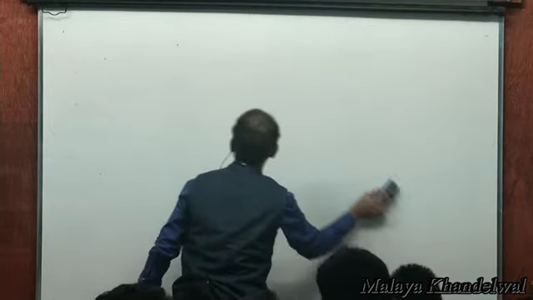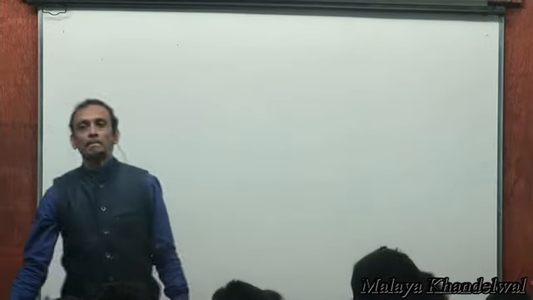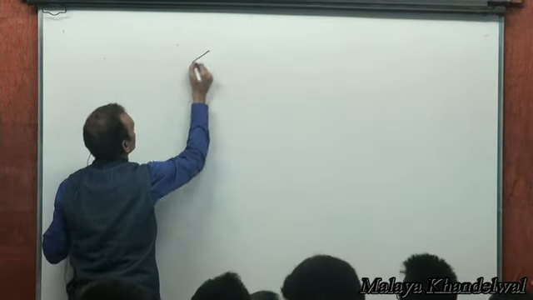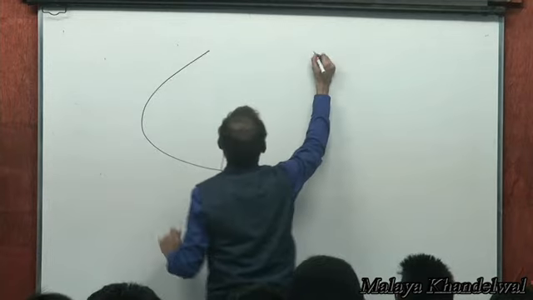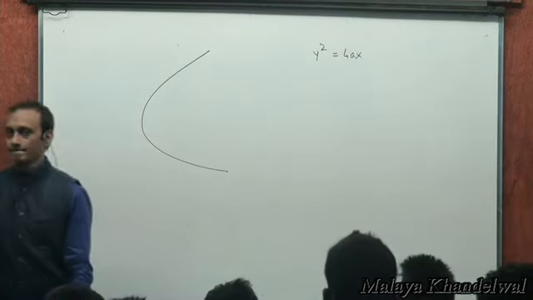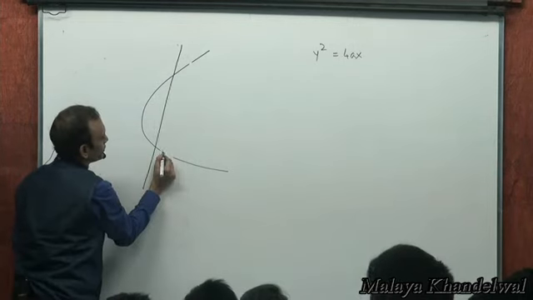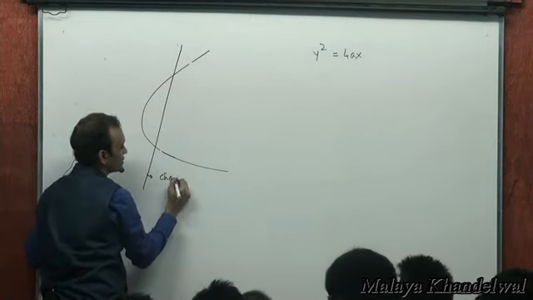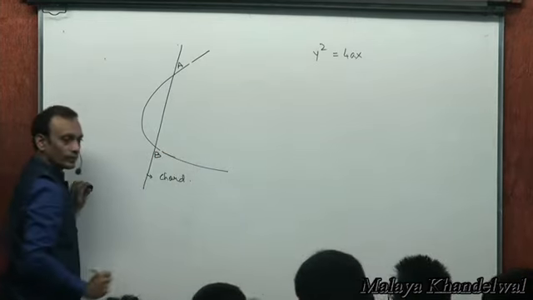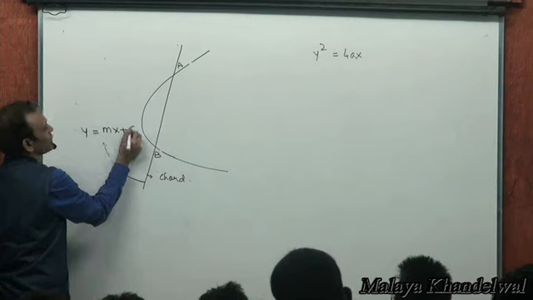Now look, say this is a parabola y squared equal to 4ax, and this is a certain chord of the parabola, AB. Let's say the equation of this chord is y equal to mx plus c.